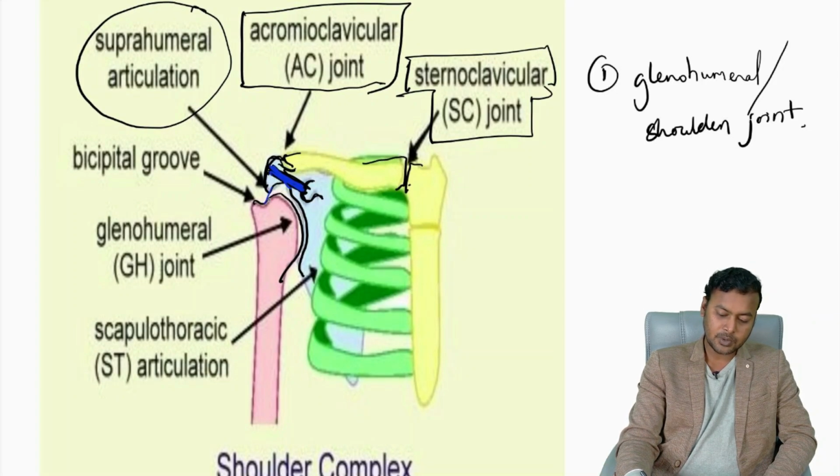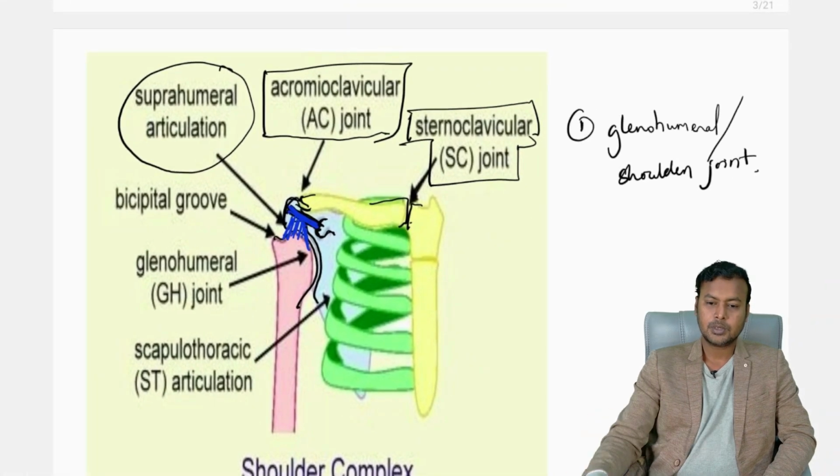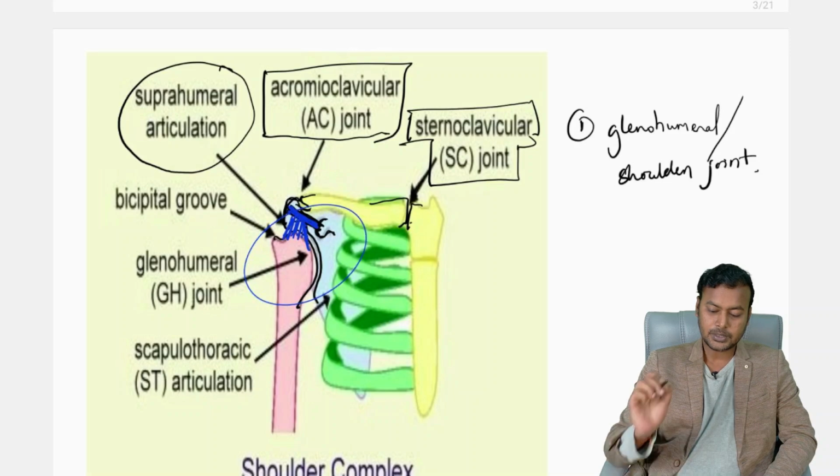The fibers from the shoulder joint come and blend with this ligament. This also provides stability to the shoulder joint. So, this is your shoulder complex having different types of joints. And today we are discussing this joint, that is the glenohumeral or the shoulder joint.